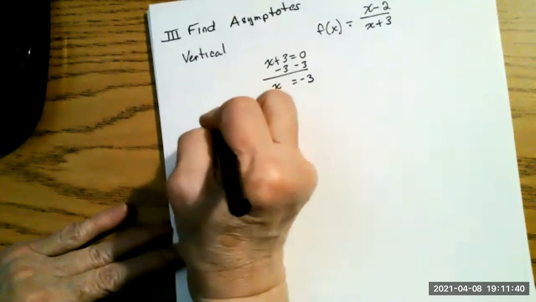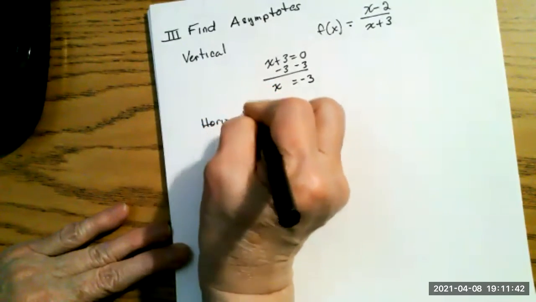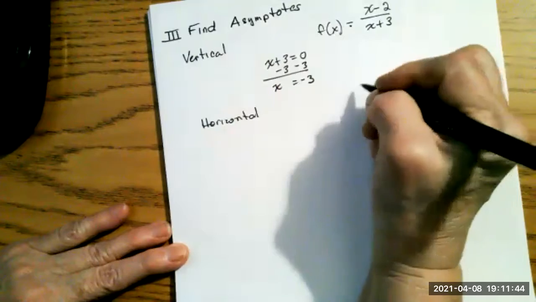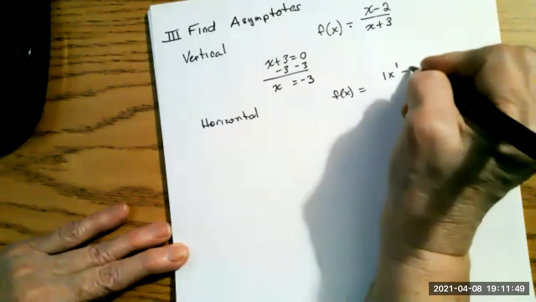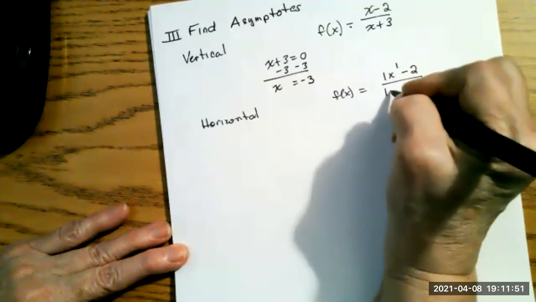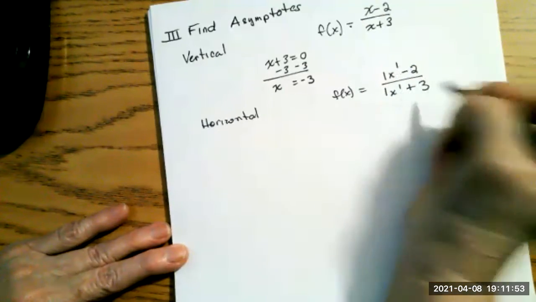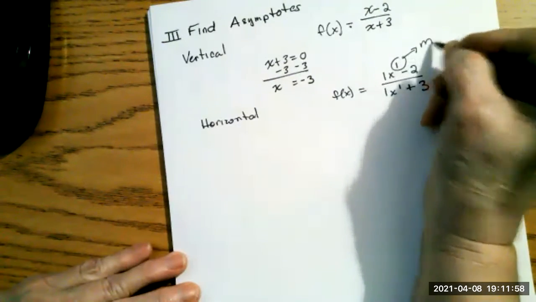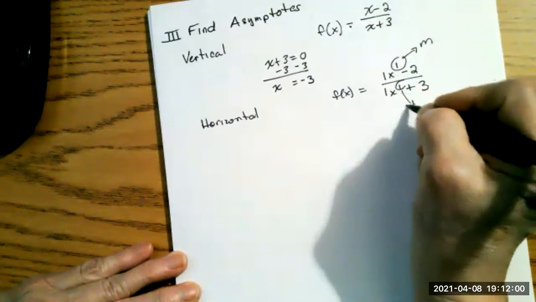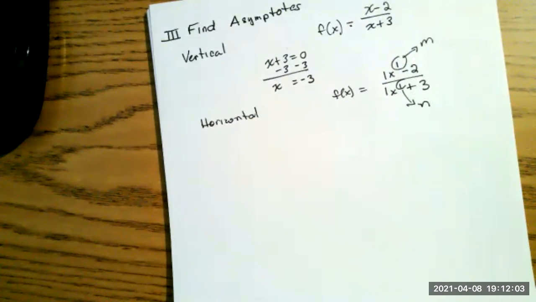Okay, let's do the horizontal. Let me put some numbers in here. 1x to the first minus 2 over 1x to the first plus 3. So this one up here is the m, and this one down here is the n. So would I say m is less than n, m is equal to n, or m is greater than n? Equal.